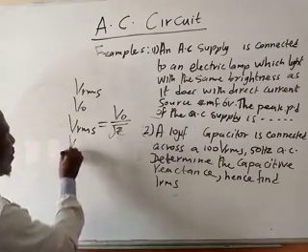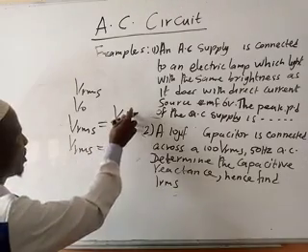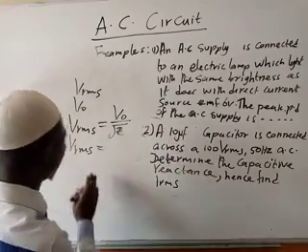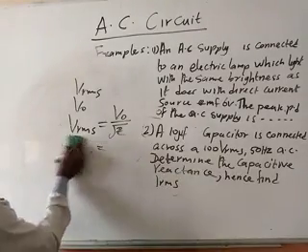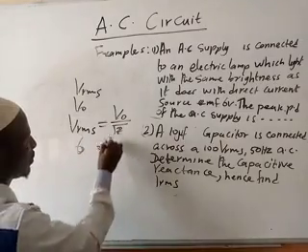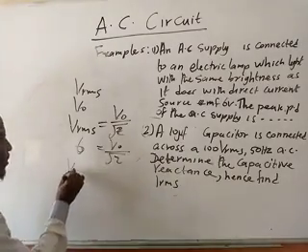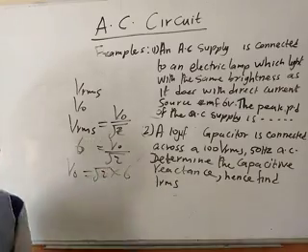So we just apply it. The V root mean square is given, that is 6. So 6 is equal to V naught over square root of 2. Cross multiply, our V naught is equal to square root of 2 multiplied by 6. So that is that one.